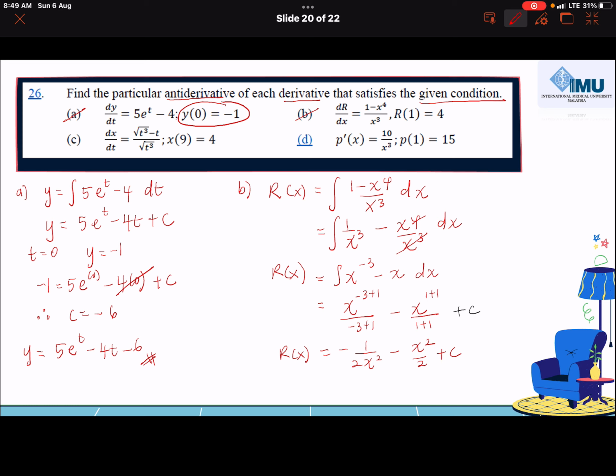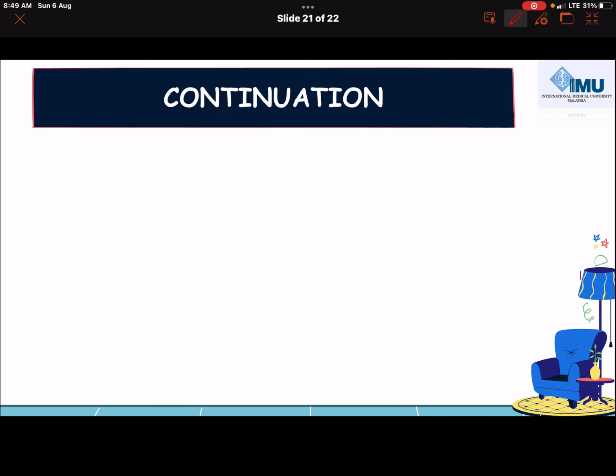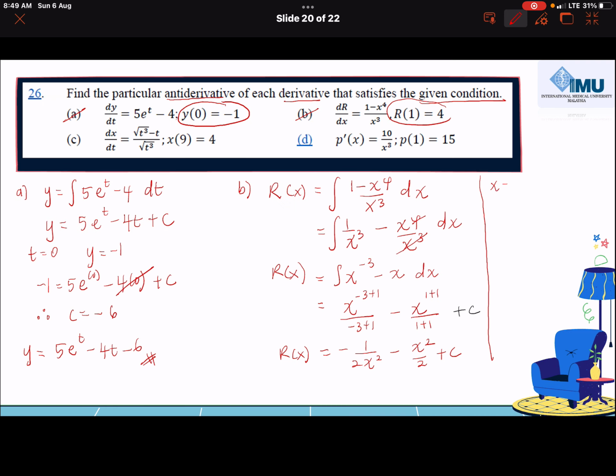Now use the given condition. What is the given condition? It's mentioned that when x equals 1, r equals 4. Now substitute in: 4 equals -1 over 2 times 1 squared minus 1 squared over 2 plus c.